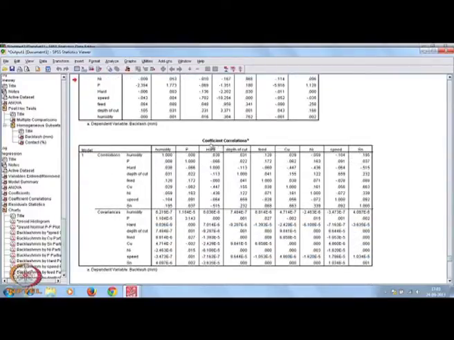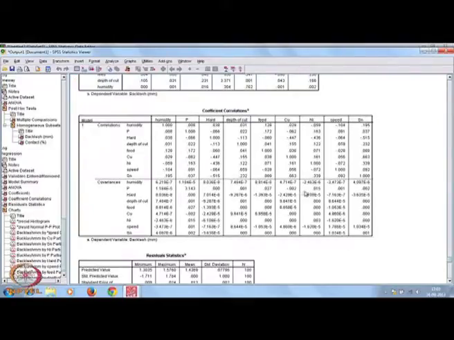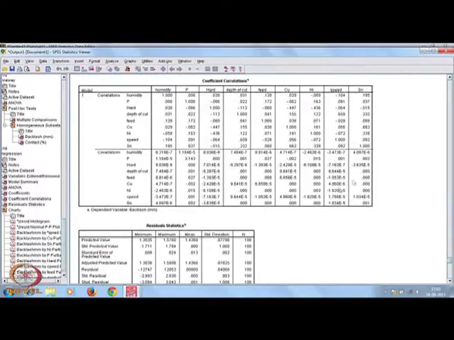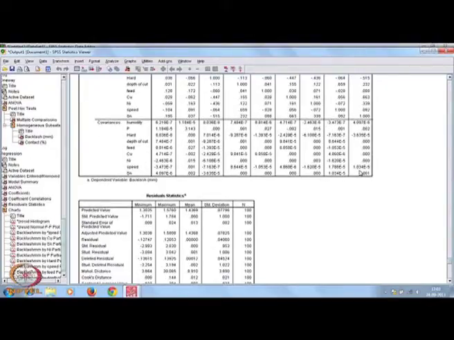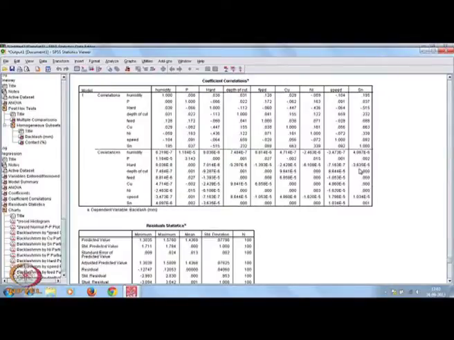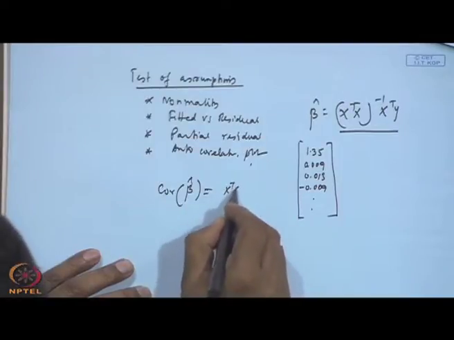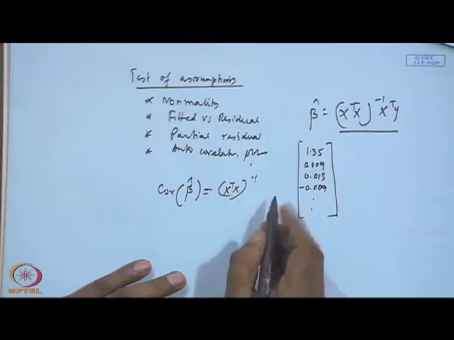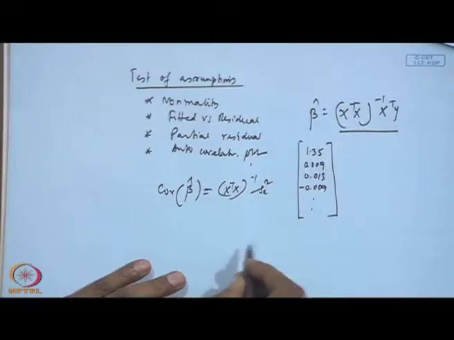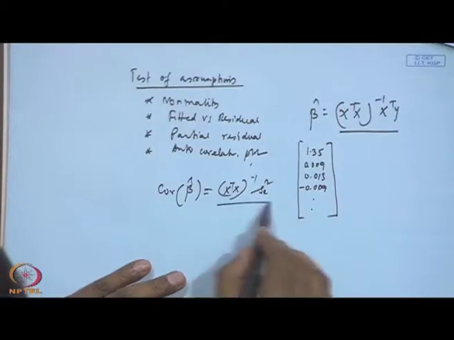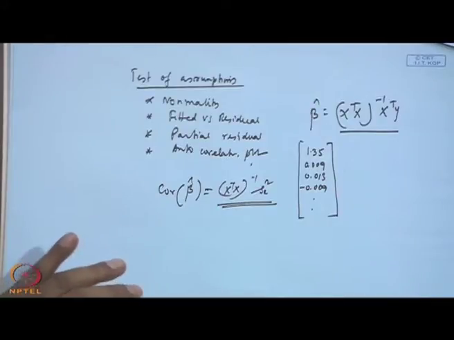Now, this is the coefficient correlations, showing whether the coefficients are related or not, like humidity to humidity. The covariance matrix between the coefficients is also given. I think you know that this is the covariance of beta cap, which is (x transpose x) inverse times sigma square.